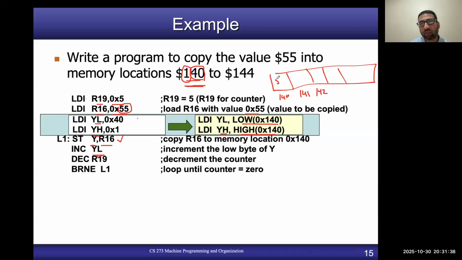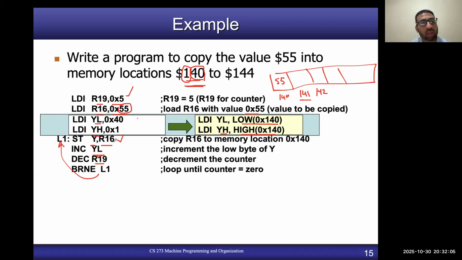So here you placed 55, right? And then you said increment YL. YL was 40, so it becomes 41. So the total 16-bit address will become 141, right? And now you are decrementing R19, which is just your loop counter, and you are checking if it is equal to 0. If not, then go back to the loop, to the label L1, right?